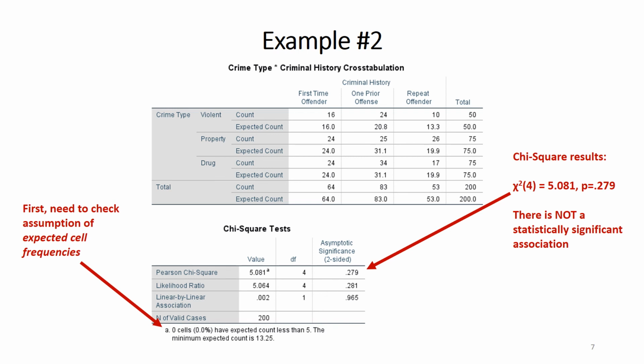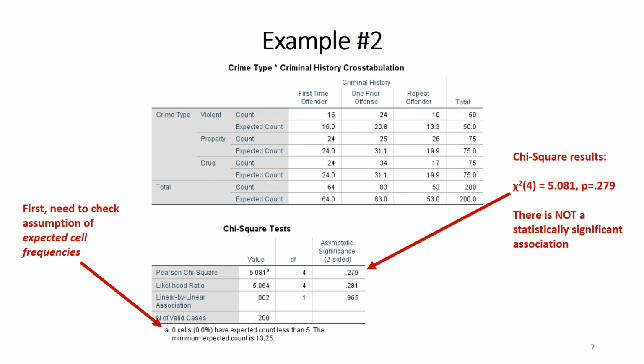And then we can jump down to the chi-square test box to see whether or not, first, do we meet the assumption of expected cell frequencies? And sure enough, also in this example, we see that that footnote says 0 cells have expected count less than 5. That is a good sign. That means we can use chi-square analysis.